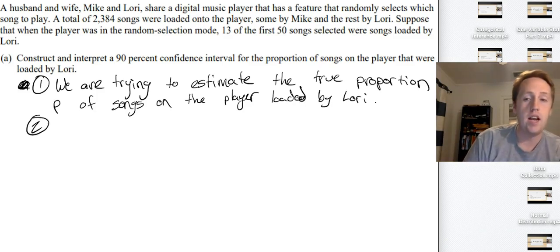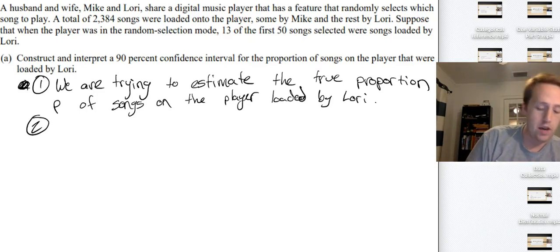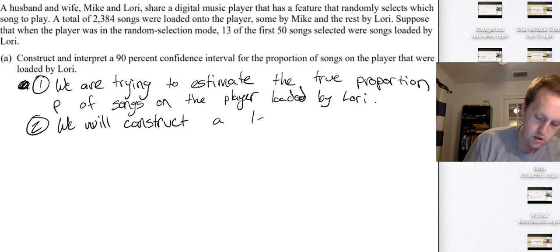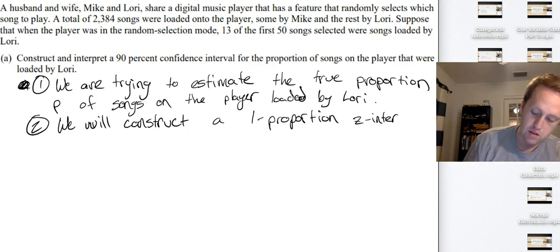Now my plan, I need to first identify my procedure. So we will construct a one proportion z interval. And if I was doing means, I would say a one sample t interval.